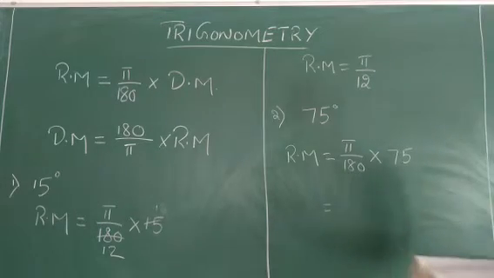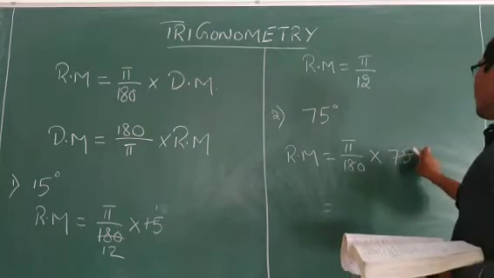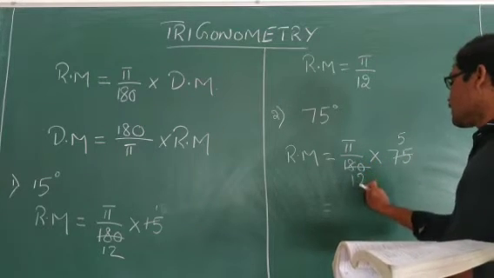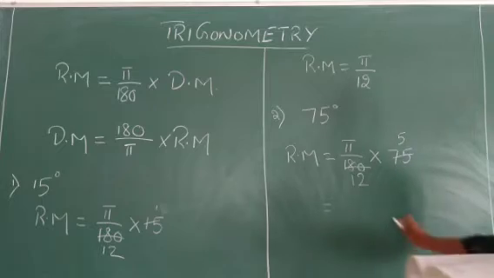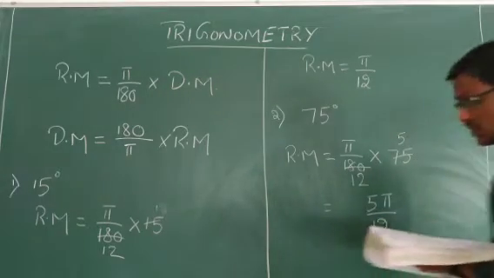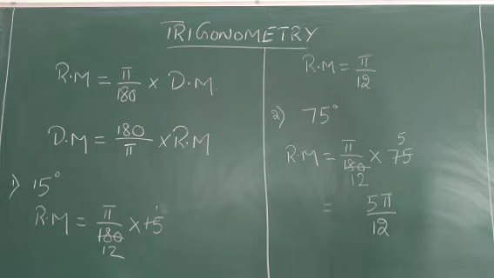This again we can cancel with 15. This is 5 times, this is 15, 12. So here we get 5 pi by 12. So this is how we can convert from degree measure to radian measure. If we are given the degree measure, we can multiply by pi by 180 to get the radian measure.